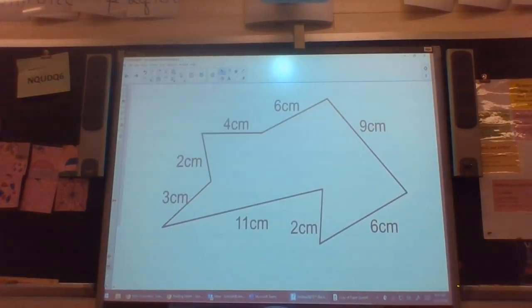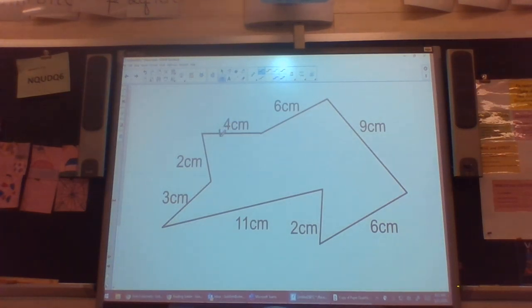Now I'm going to try to do it my way and see if we get the same answer. Whenever I have one that has more than one side, I always like to take my pen and mark on the side as I do it.